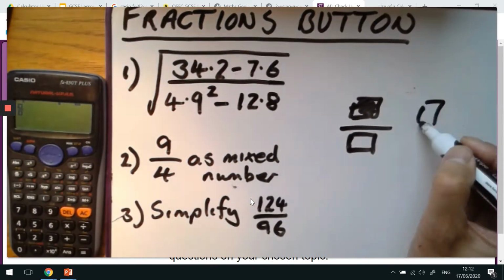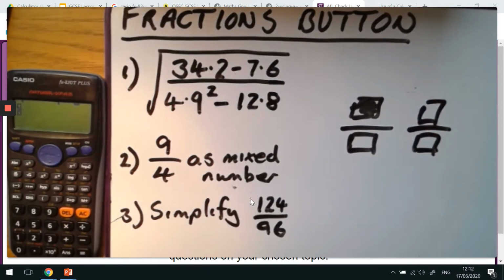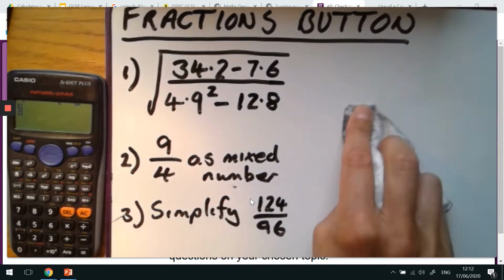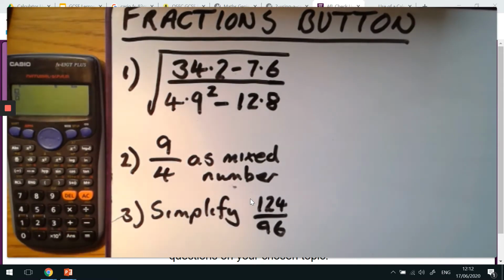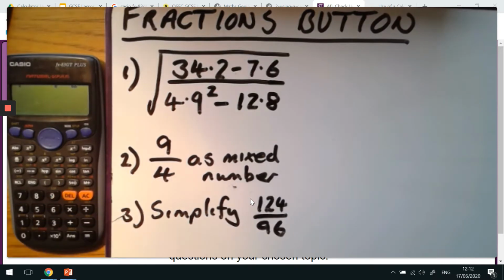It gives us this on the screen. If you don't have one of those, then I strongly recommend that you get one for GCSE maths. This will save an awful lot of time and is a fantastic tool for picking up marks, if we learn a few little tricks of picking up marks that are easy to drop.